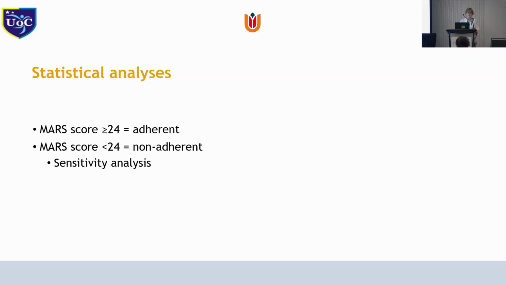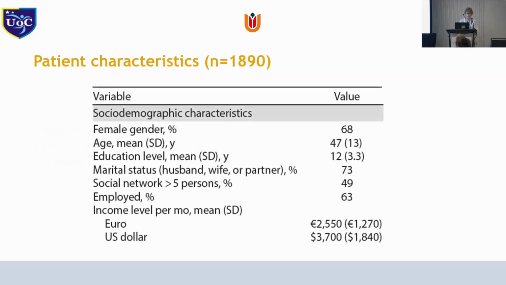And in the analysis, we decided that we used a Mars questionnaire, and we decided that 24 or 25 points was adherent, and less than 24 points we considered non-adherent. And here we show the patient characteristics of 1,890 people who filled out the Mars questionnaire.